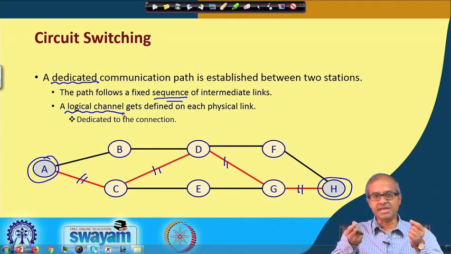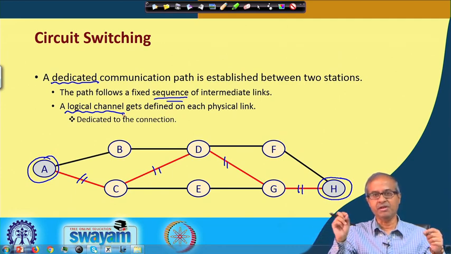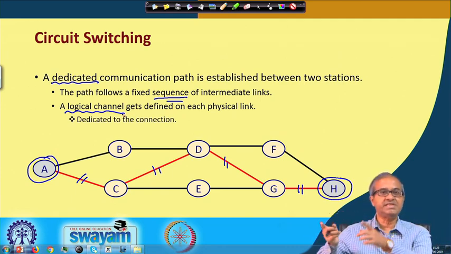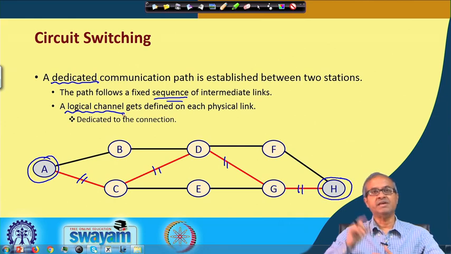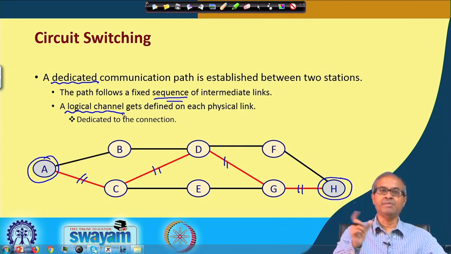A logical channel is something which guarantees you some dedicated bandwidth. Suppose you want a dedicated bandwidth of 64 kilobits per second, let us take an example. So, all these communication channels that you are establishing will be guaranteeing a minimum bandwidth of 64 kbps. Okay? That is how this works.